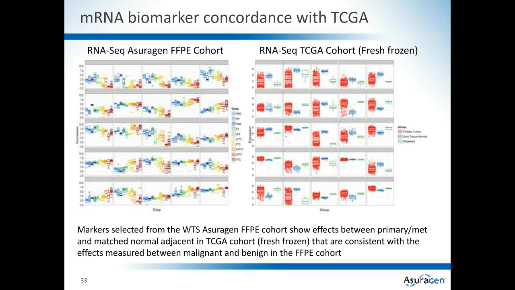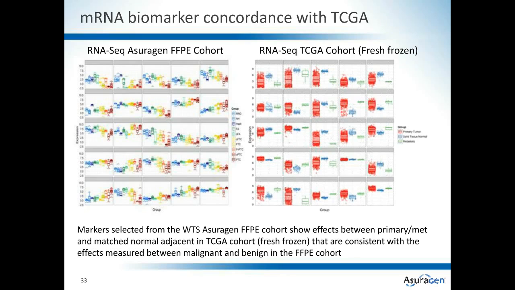You can see that some of these markers are showing upregulation in malignants relative to benigns, whereas others show downregulation. The plot on the right is showing the same markers from the perspective of the TCGA cohort, which is fresh frozen, and it lacks benign samples, but it does include, for some tumors, a matched normal adjacent as well as a matched metastasis.